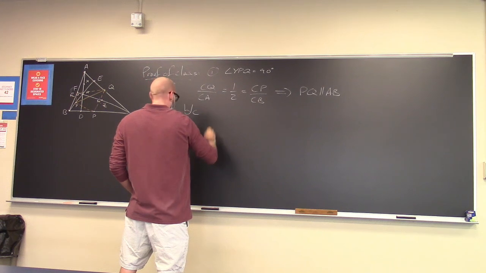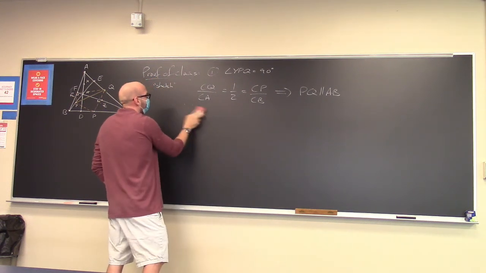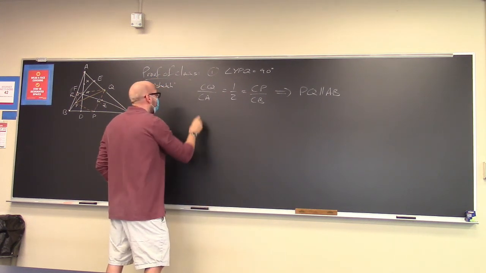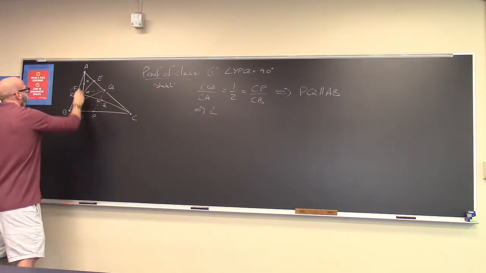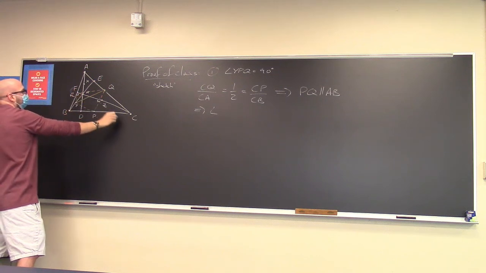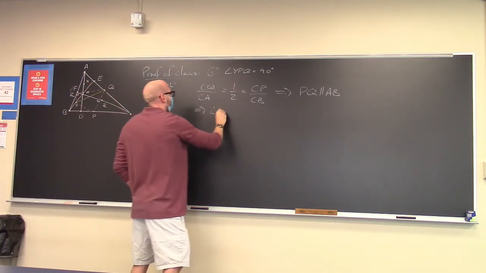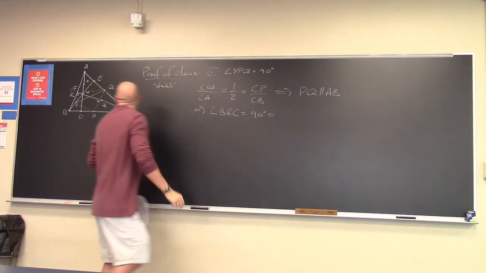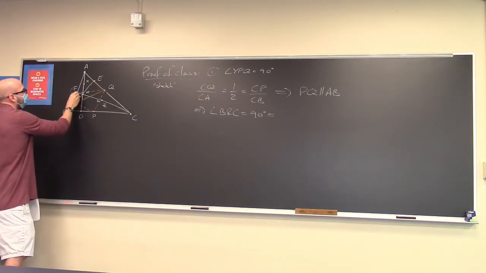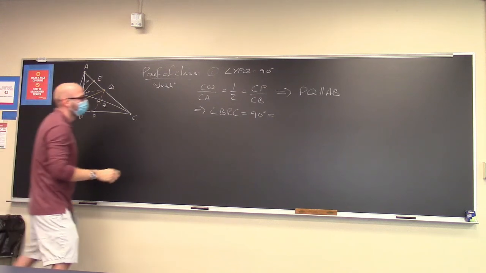Right, so I won't even write the words. Like I said, this is just a sketch. That implies that angle VRC, we'll call it, which is 90 degrees, equals angle, let's call it FZP.